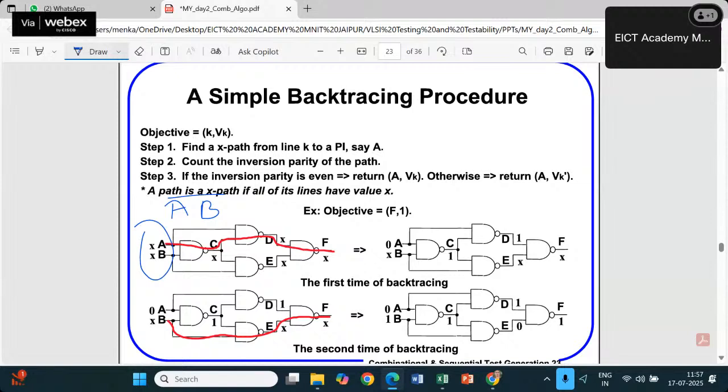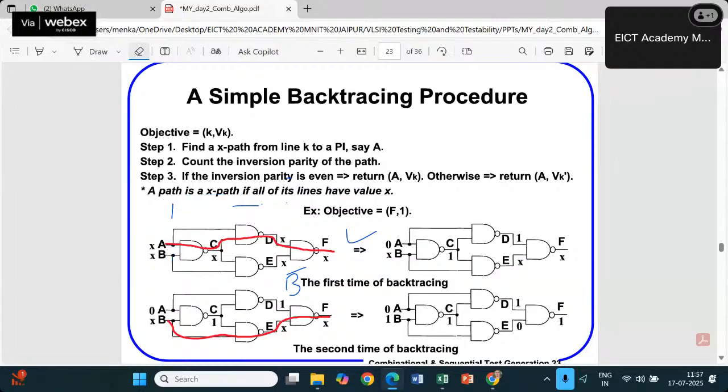Then D will be equal to (AB) whole bar plus A bar. Likewise E will be equal to (AB) bar plus B bar. And both of these whole bar will actually be your F. So finally F you will be getting, A XOR B, right? That's the standard XOR gate, right?